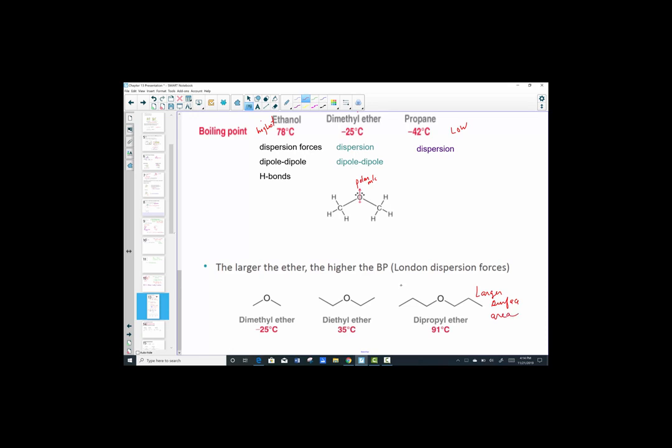So again, if I have a long carbon chain, the interactions between those carbon chains have an opportunity to set up more dispersion forces, more temporary induced dipoles, and the molecules become a little bit stickier. Remember also that the larger the ether, the heavier it is in terms of molar mass. And again, it just takes more energy to cause that to rumble and get to the boiling point, the heavier, longer chains.